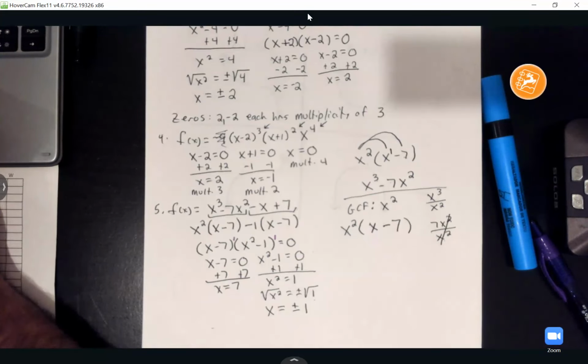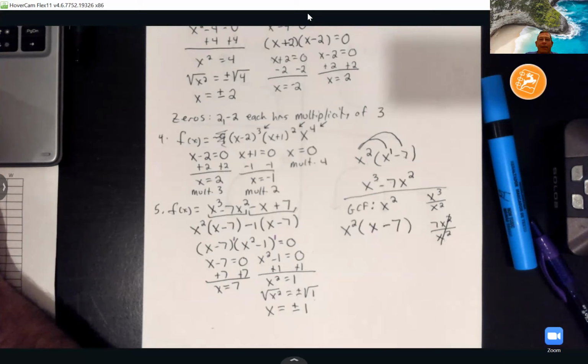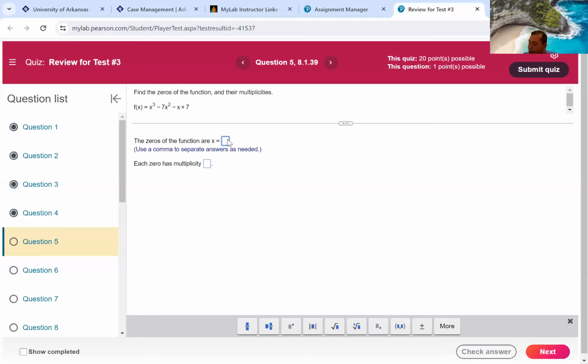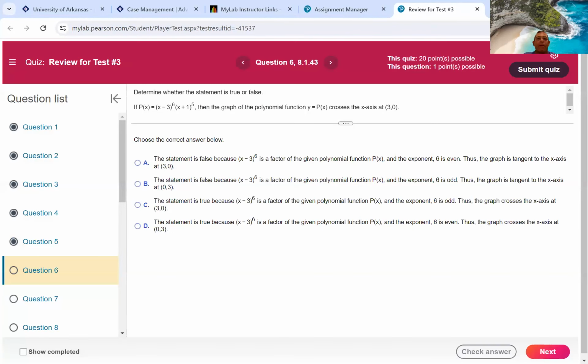All right, y'all, so let's see. So our zeros were, what I get, a 7, comma 1, comma -1. And each of those had a multiplicity of 1. Now, number 5, every time you should get just a multiplicity of 1 on that one. All right, y'all.